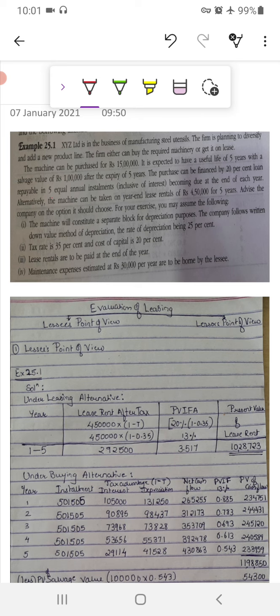So this is the detail for your first option, that is the buying option. Second, alternatively, the machine can be taken on year-end lease rentals.